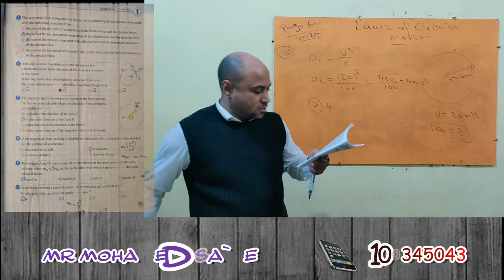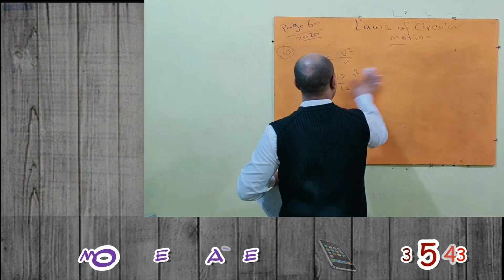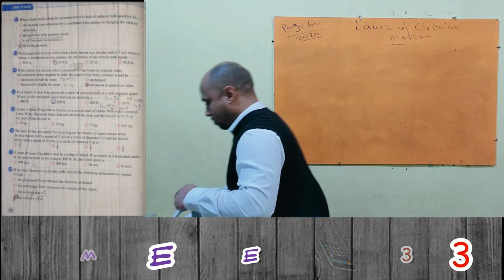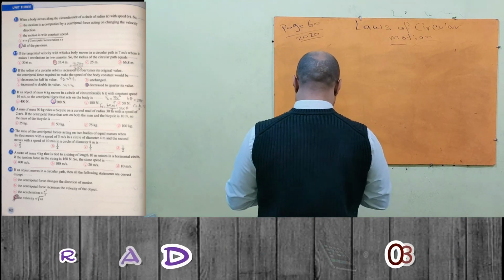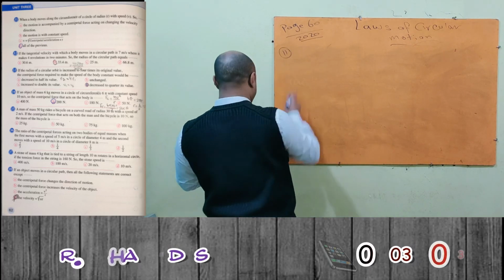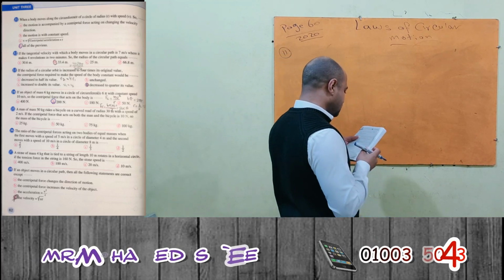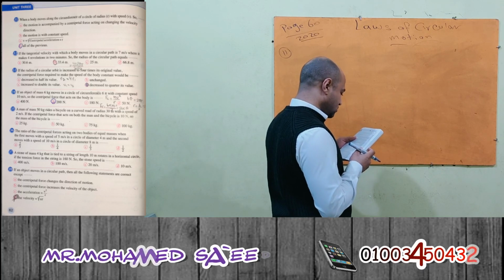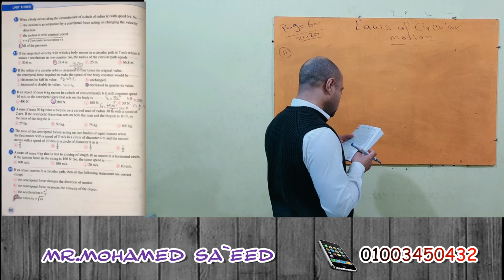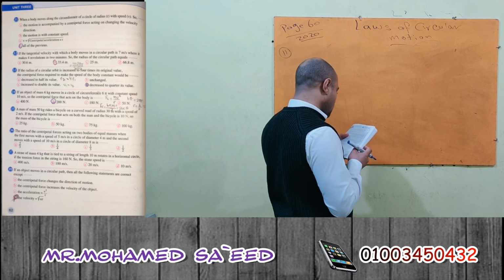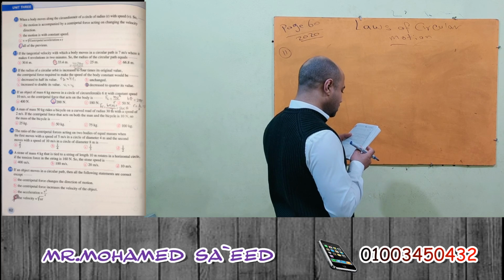Okay, question 11. When a body moves along the circumference of a circle of radius R, the motion is accompanied by a centripetal force acting to change the direction.